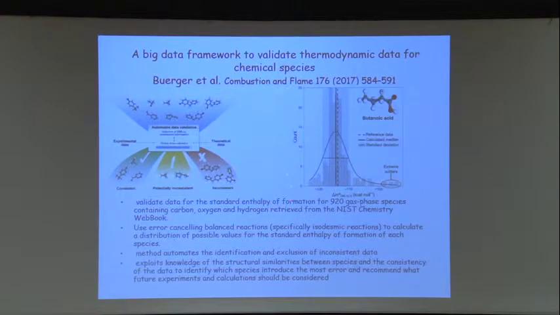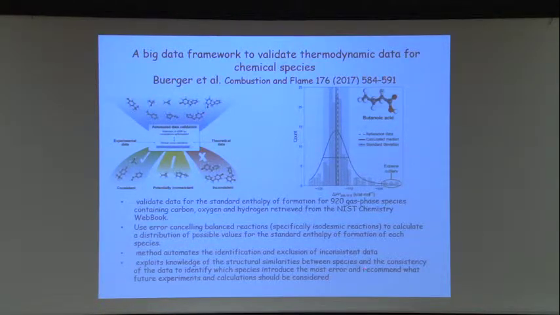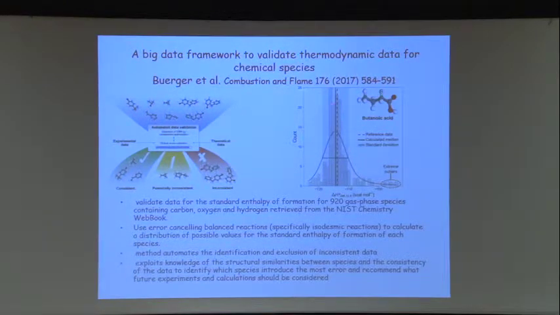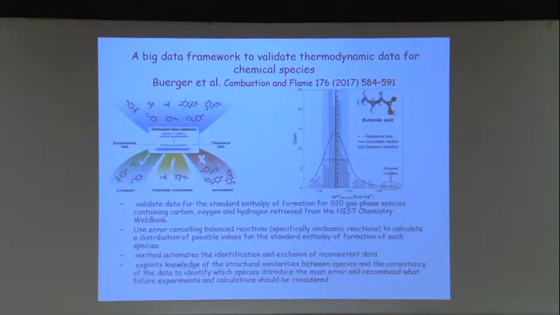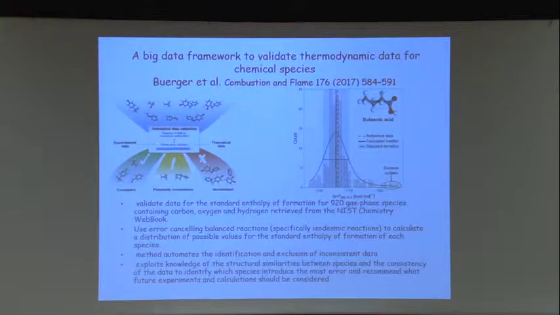So what they do is they look at all the possible determinations using a variety of methods, eliminate outliers, and then use those in a rather similar way to ATcT. And it exploits the knowledge of the structural similarities between species and the consistency of the data to identify which species introduce the most error and recommend what future experimental calculations should be considered. So it's an interesting paper and indicates one of the ways forward to improving enthalpies of formation for a variety of species.